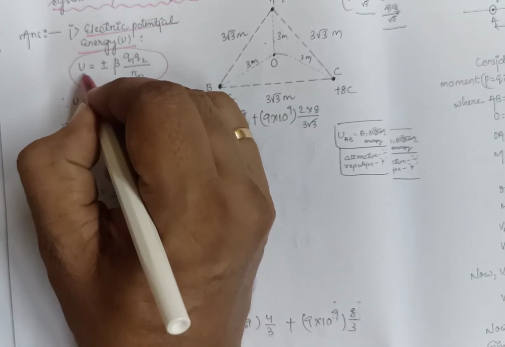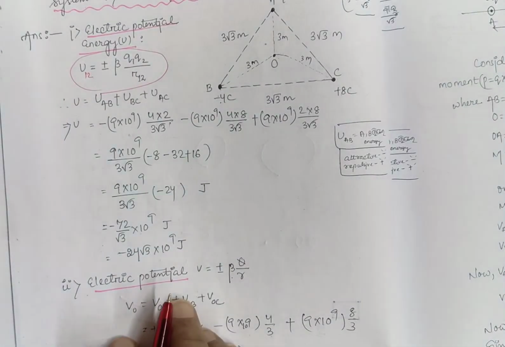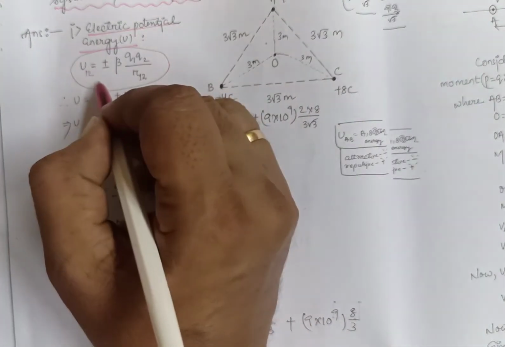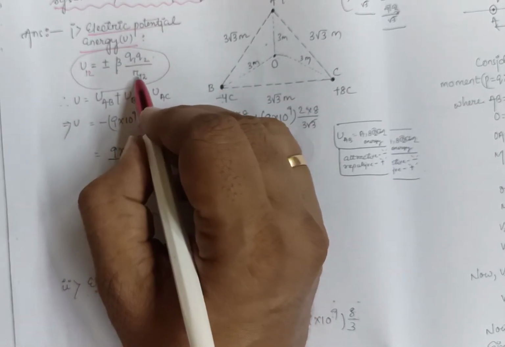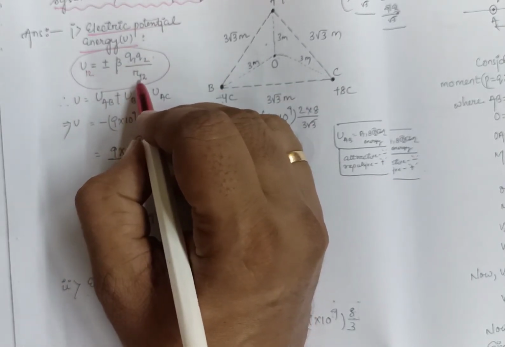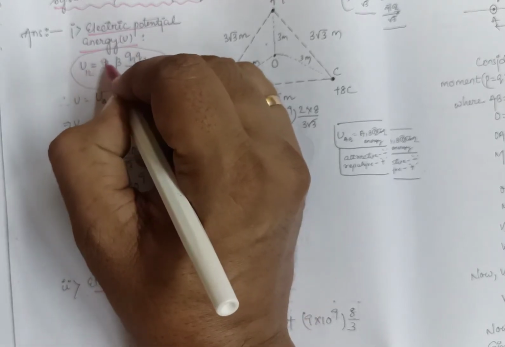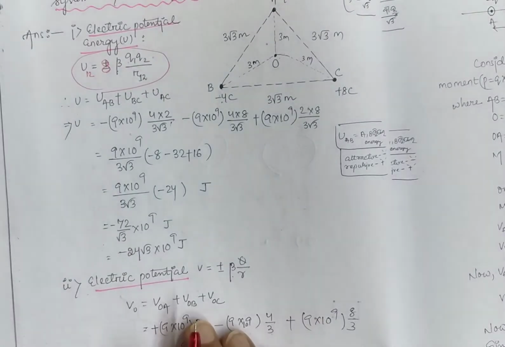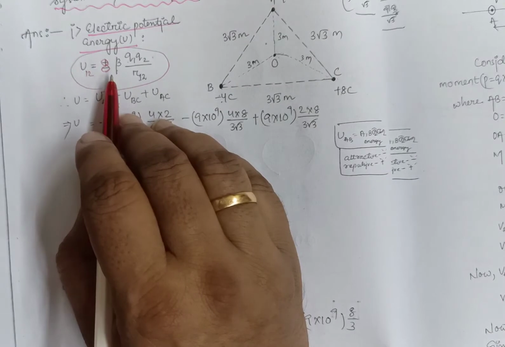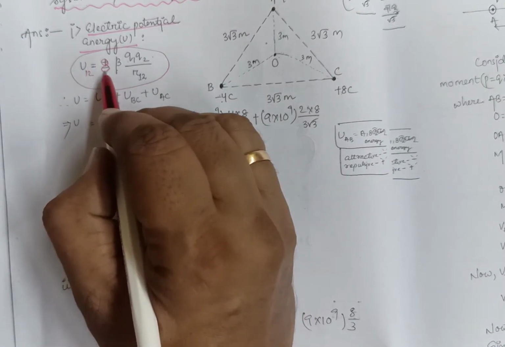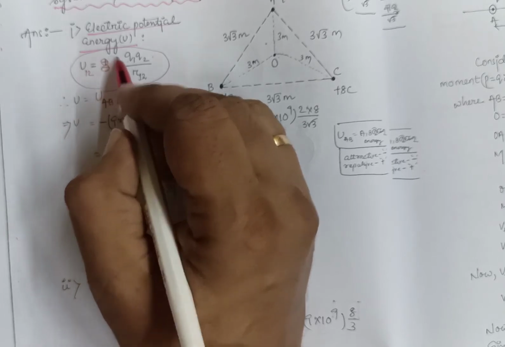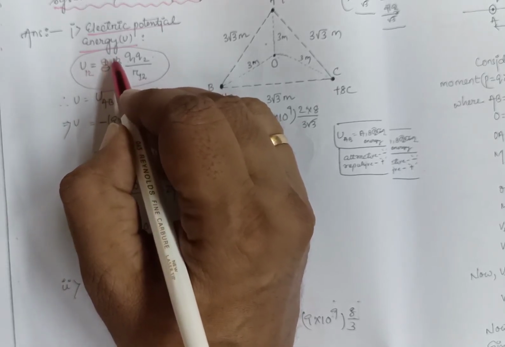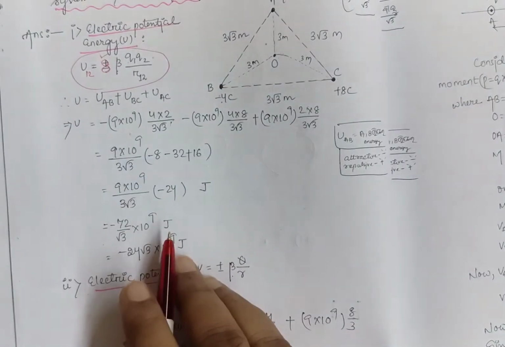Electric potential energy between 2 charges, U12, must be plus or minus beta, product of the 2 charges divided by the distance between them. When will you put the plus sign and when the minus sign? When the nature of the force is attractive, you should put the minus sign, negative work done. If the nature of both the charges is the same, repulsive, then you have to put the plus sign.